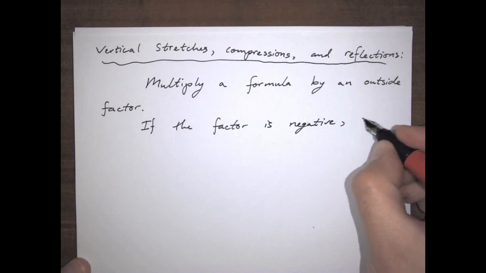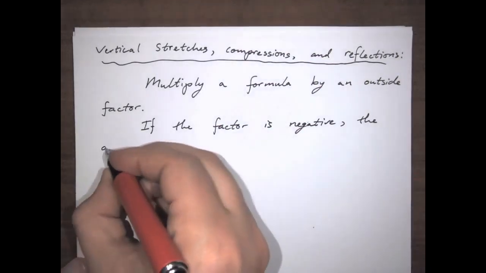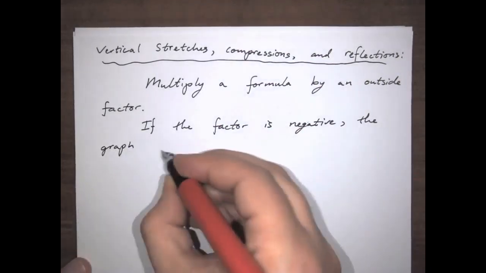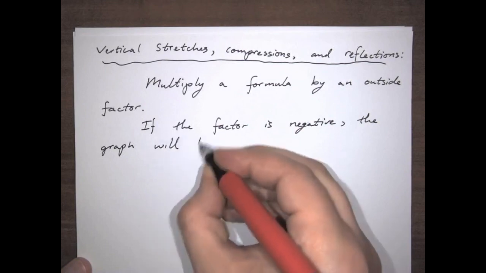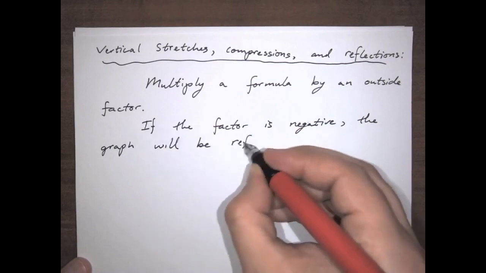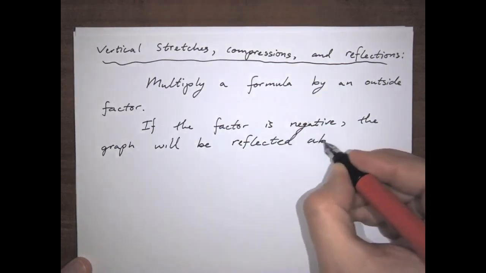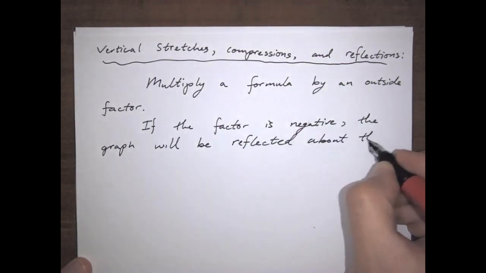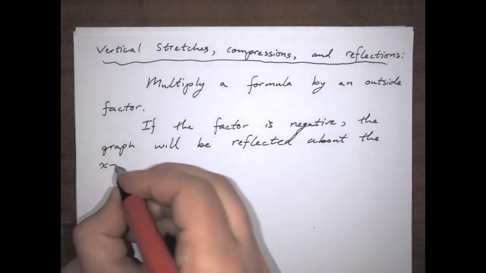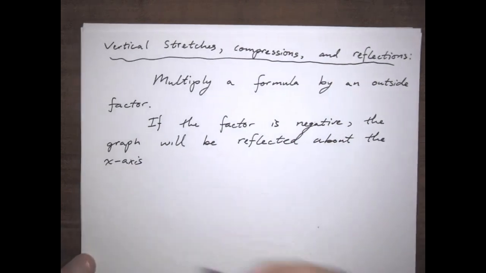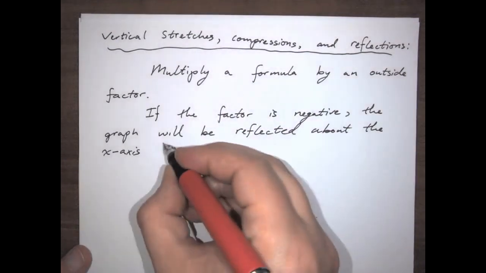If the factor is negative, the graph will be reflected about the x-axis. In other words, that means it'll be turned upside down.